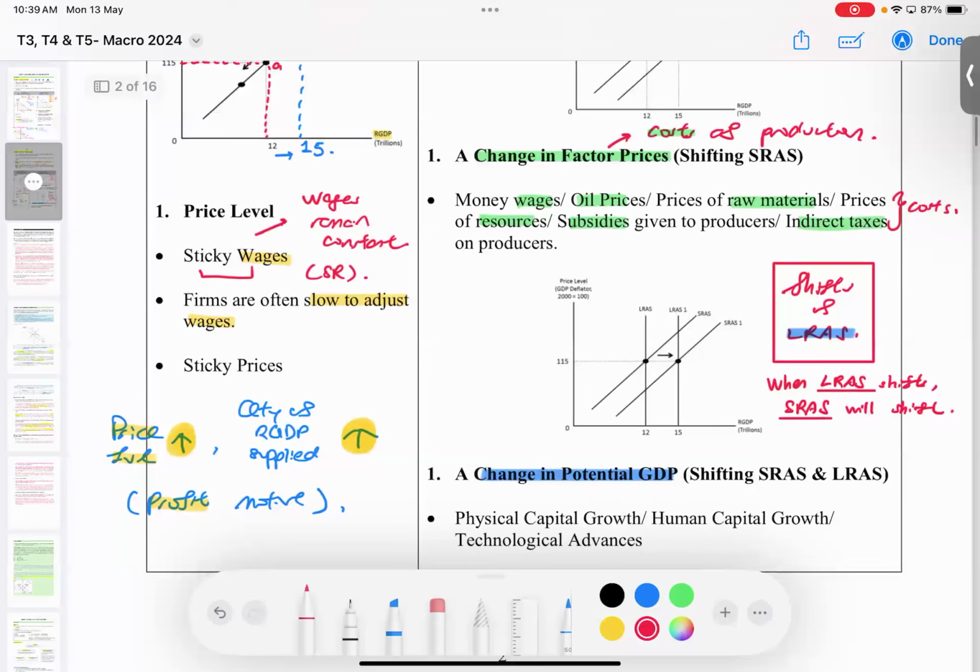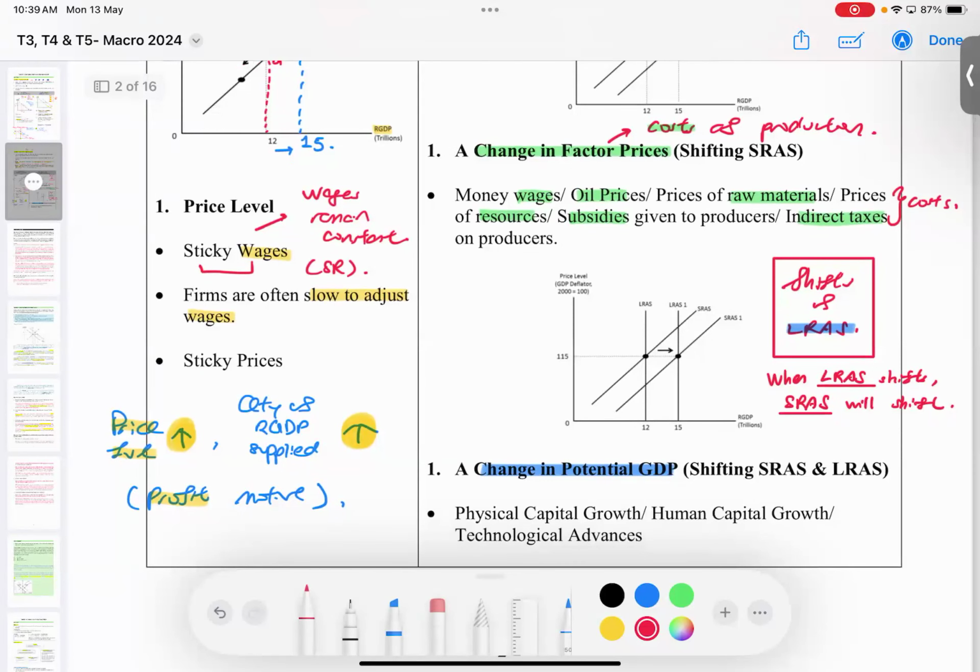Okay, so what will cause a change in the potential capacity of the economy? Remember in the first tutorial, we did a quick mind map saying that there are a few factors that can result in an increase in the quality of the resources, right? I talked about physical capital growth, human capital growth, and technological advancements.